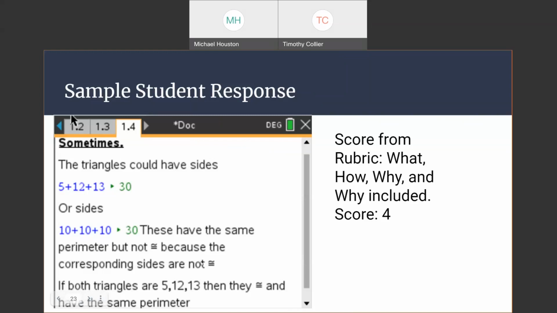So they gave an argument for both sides. But then we also have an actual congruent triangle that must have the same perimeter because, of course, both would add up to 30. This would be given a 4 out of our rubric.